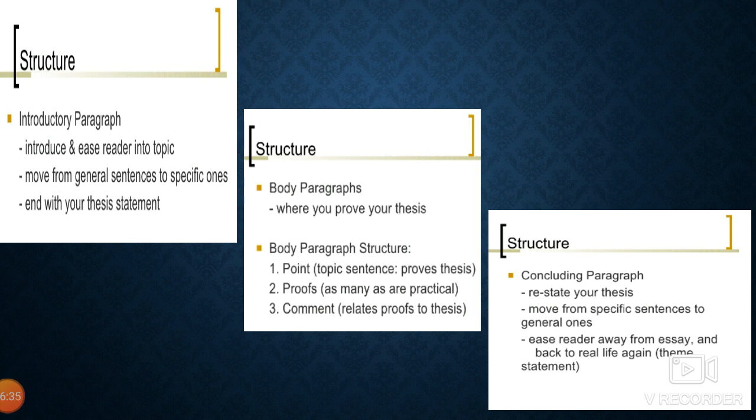And the structure of the conclusion, the concluding paragraph: restate your thesis, move from specific sentences to general ones, means lots of things are there, why that is important and why you chose it, etc. Ease the reader away from the essay and back to real life again. Okay, so if you are using a few interesting sentences in that particular essay, you have to come back from that essay to the reader as well.